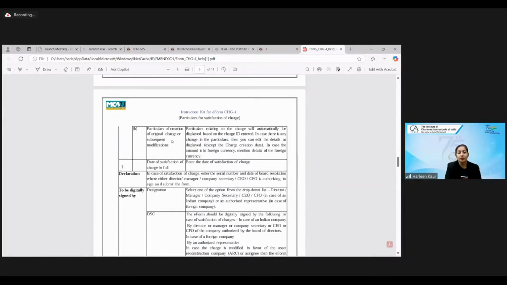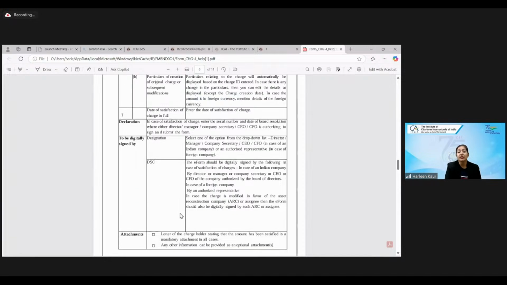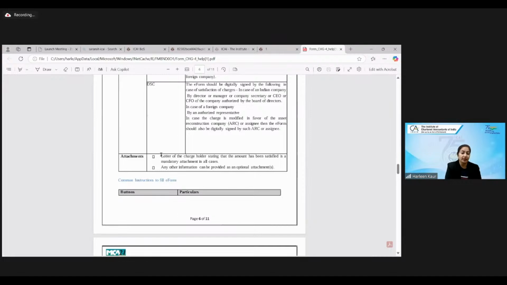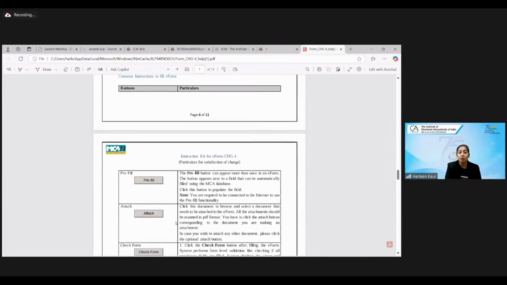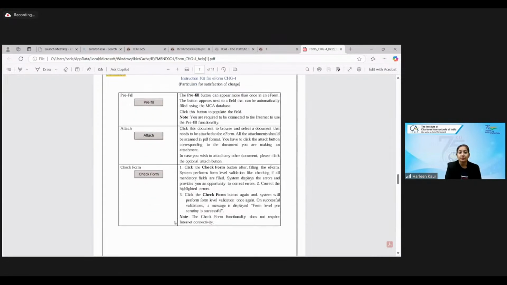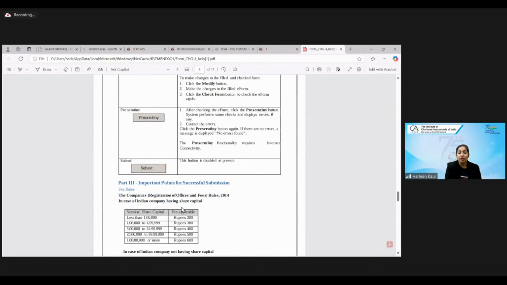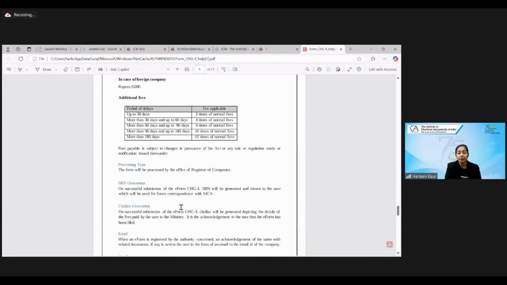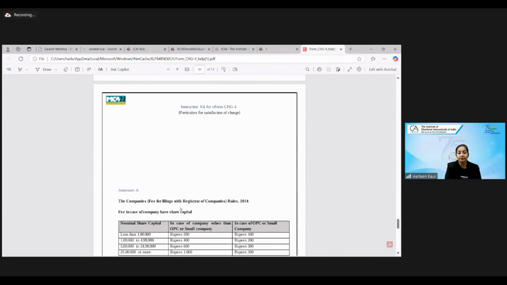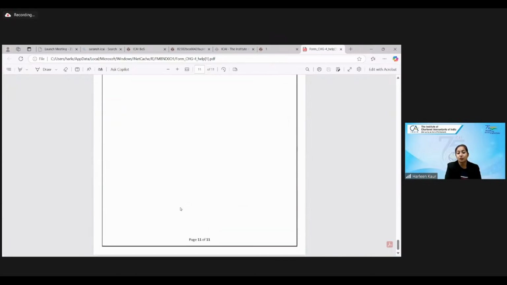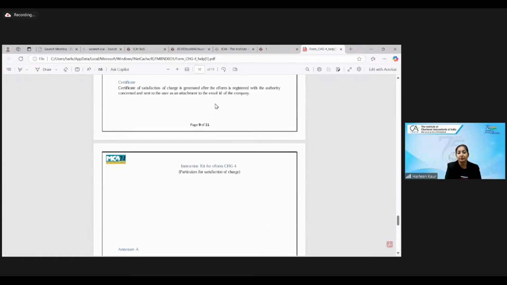So particulars of the company, what is the original charge, what is the subsequent modification, digitally signed by, designation, company secretary, director, manager, who is signing it. Attachments to be given along with that. So you can just have a look through. This is form number CHG4 that we are showing. So annexures are attached. For sample annexures they have given.